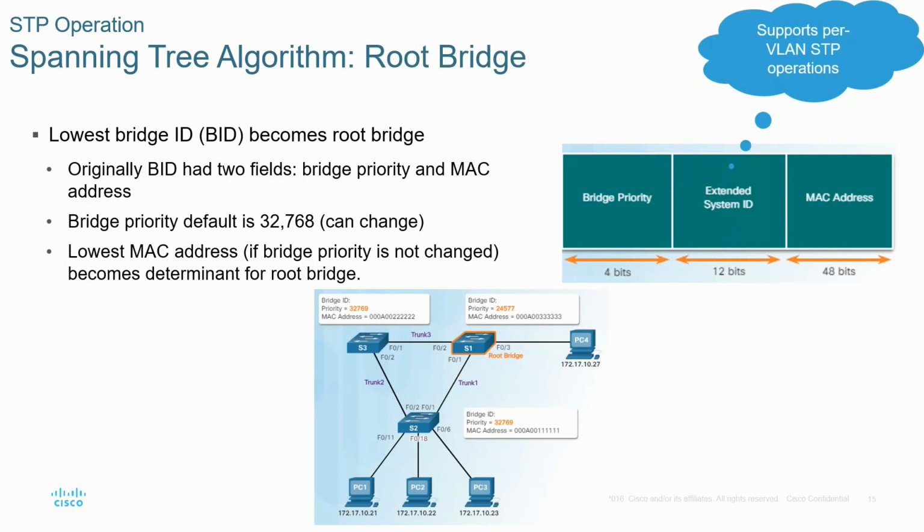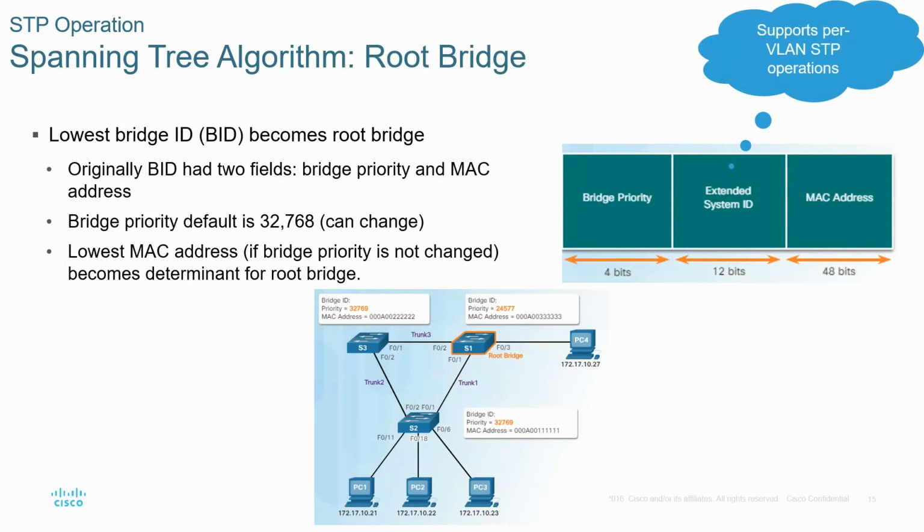Okay. Collectively, these three fields make up what is called the bridge ID. And basically, the switch that has the lowest bridge ID becomes the root bridge. Okay, so again, collectively, these three fields, the bridge priority, extended system ID, and the MAC address, make something called a bridge ID number. And the switch that has the lowest bridge ID becomes the root bridge.